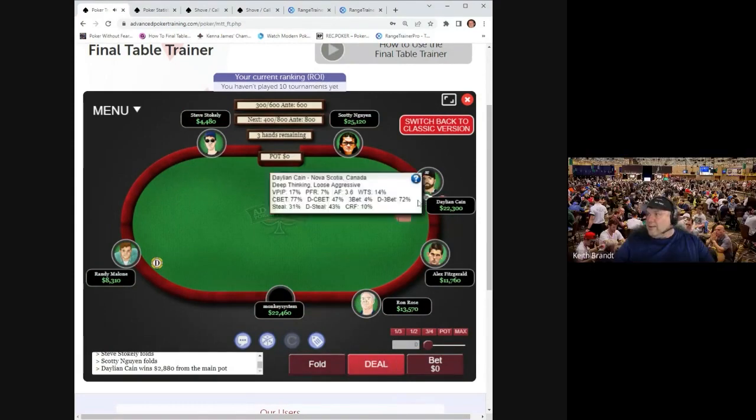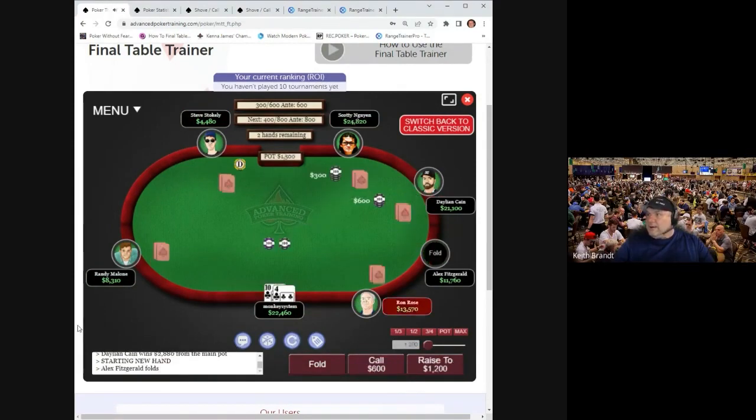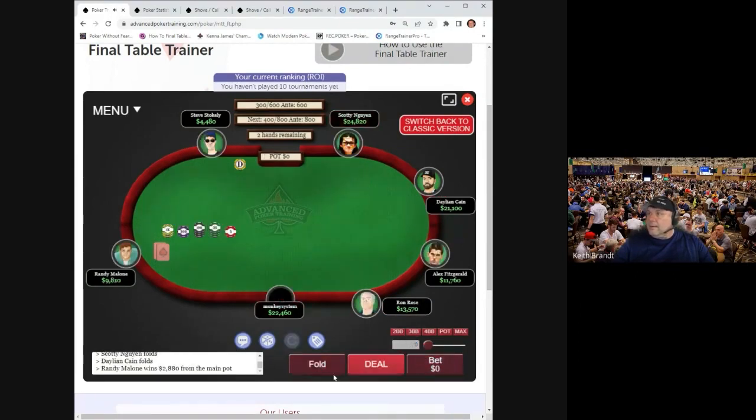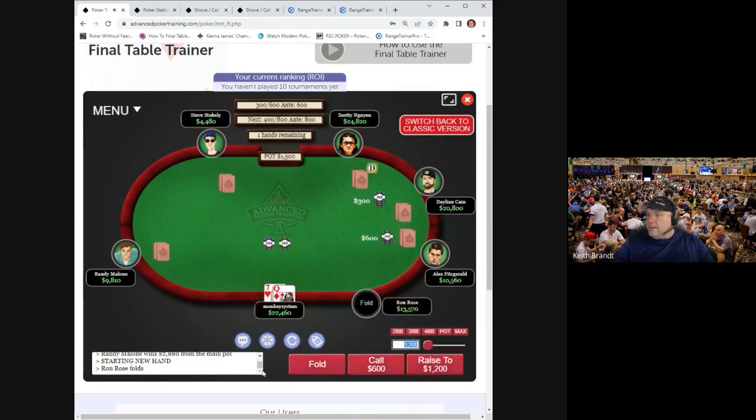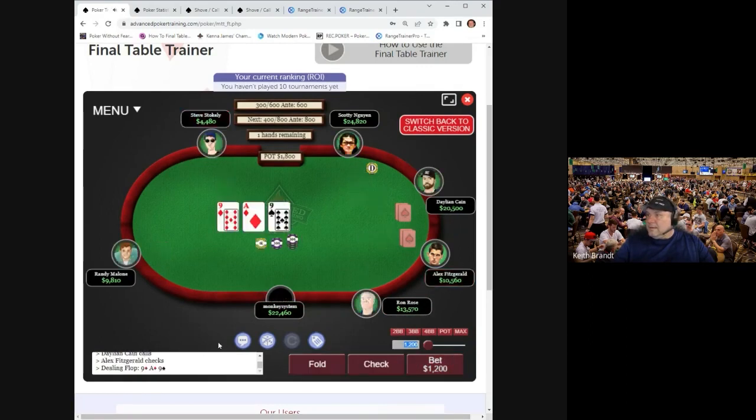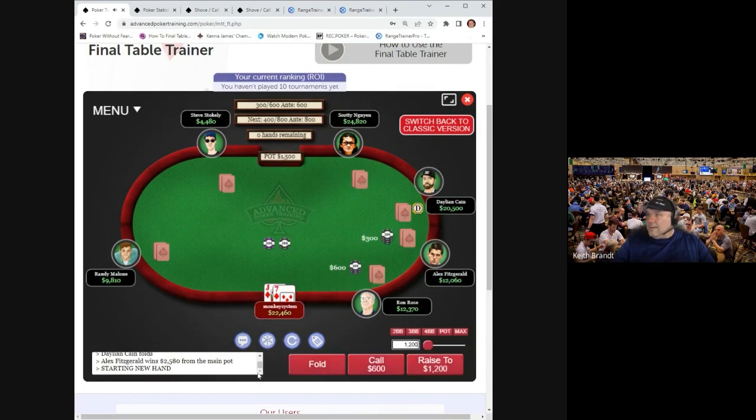All of a sudden, he's active, but he might be hitting some hands. This is essentially middle position with that.